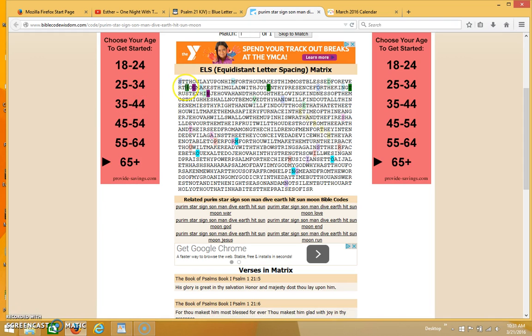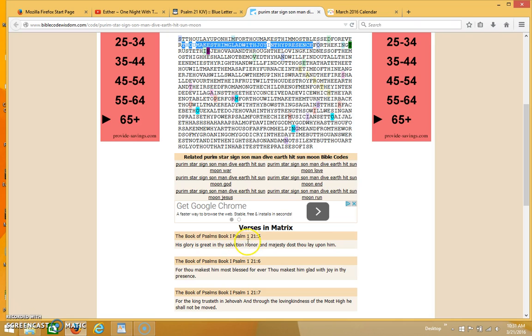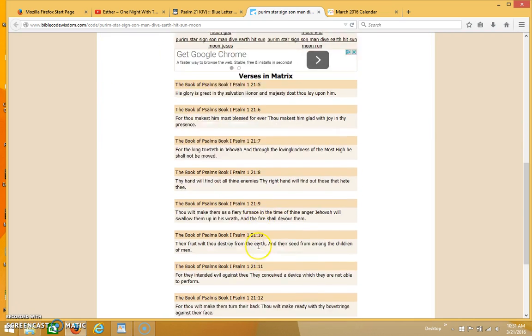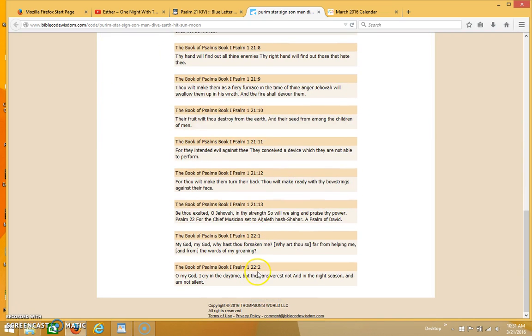Okay, and some of the interesting terms that come up in this table is this phrase right here. It says, "Thou makest him glad with joy in thy presence." And this is talking about Jesus because, as you can see down here, this is coming up in the book of Psalms. And this is starting with Psalm 21, verse 5, and it goes through to Psalm 22, verse 2.